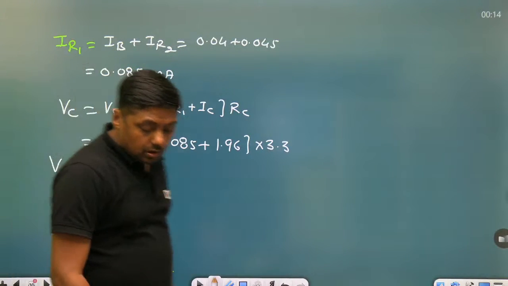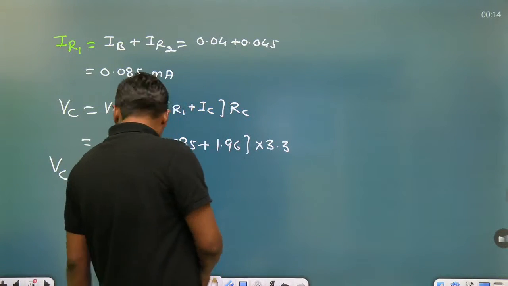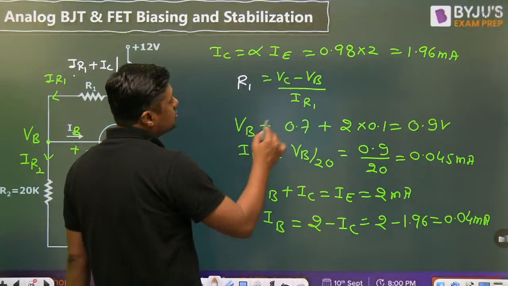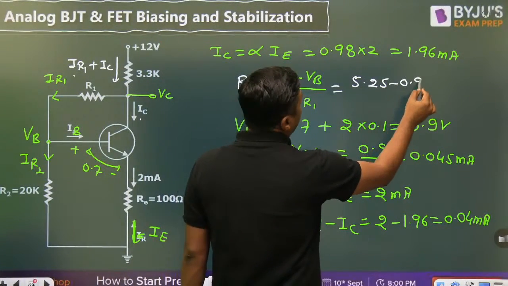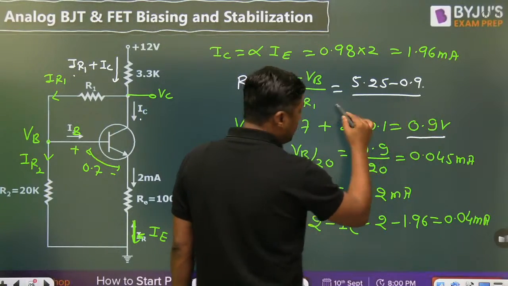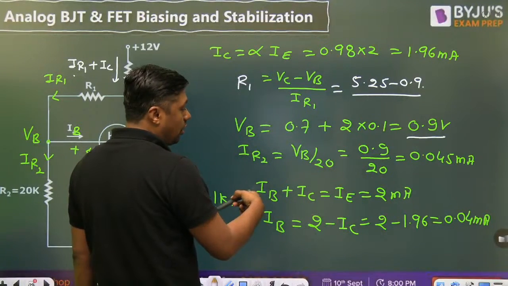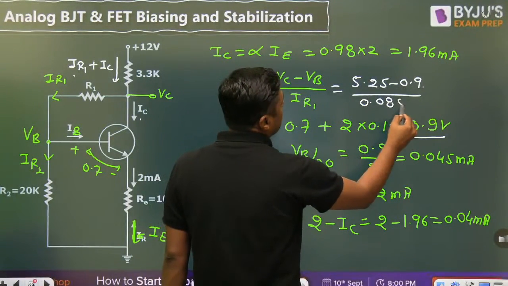Okay. Now, once you get the value of the VC 5.25, we have all the values. 5.25 minus 0.9, already we have calculated, this is the 0.9 volt, upon IR1. What is the IR1? Addition of these two values, 0.085.